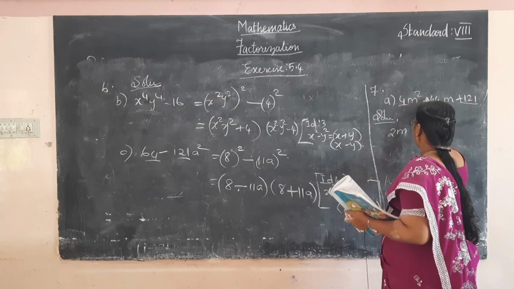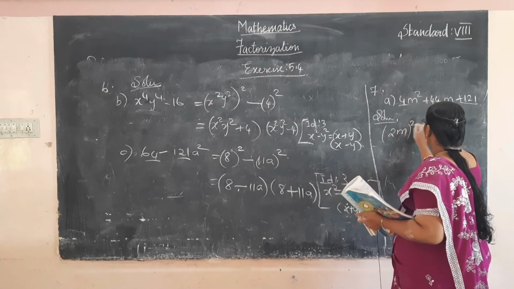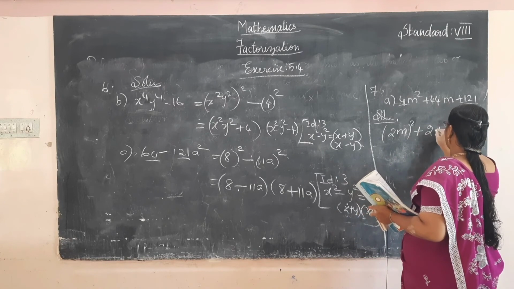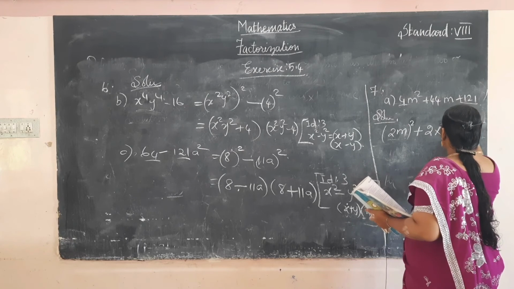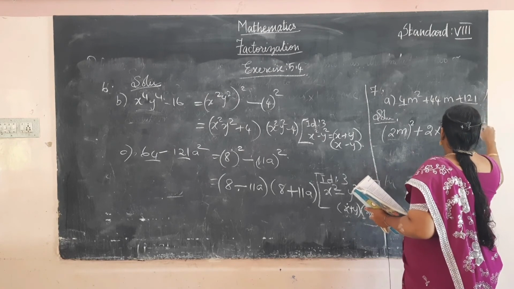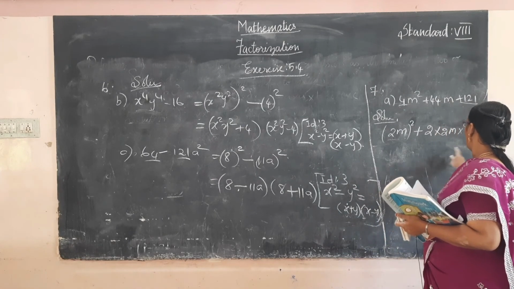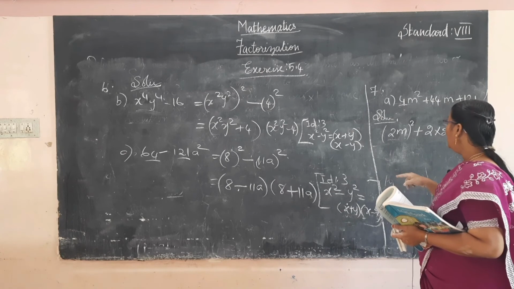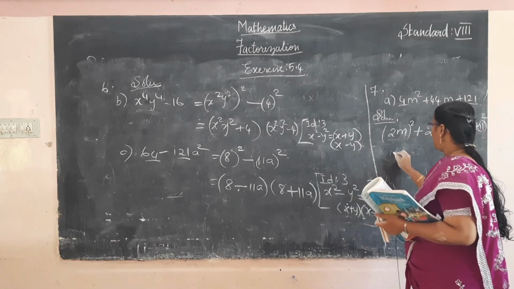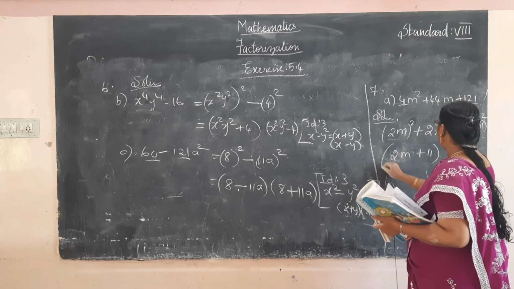This equation can be written as 2m power 2 plus 2 into, the x value is 2m, into the y value is 11, is it? So 11 the whole squared. This is in the form of identity 1. So what is that? 2m plus 11 the whole squared.